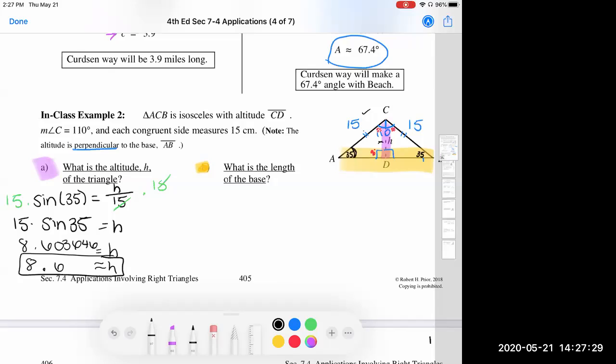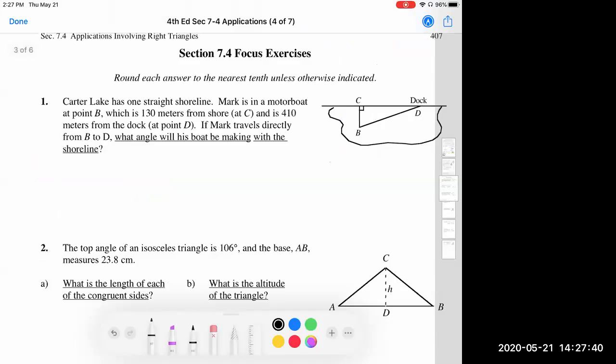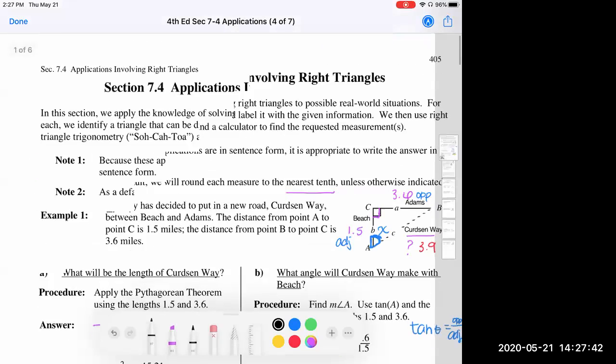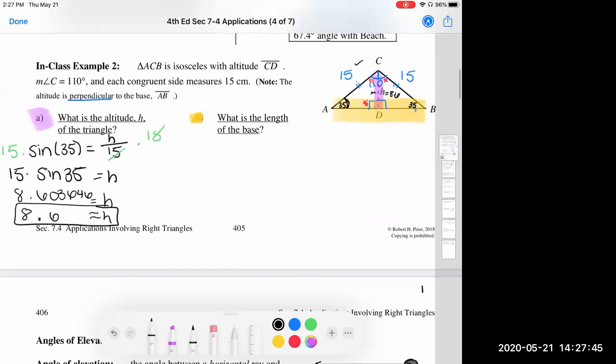All right, let's take a look at B. What is the length of the base? So we found that H is 8.6. You want to find the length of our base. And if it's perpendicular, it's right in the middle. So I just need to find one, and the other one will be the same measurement.